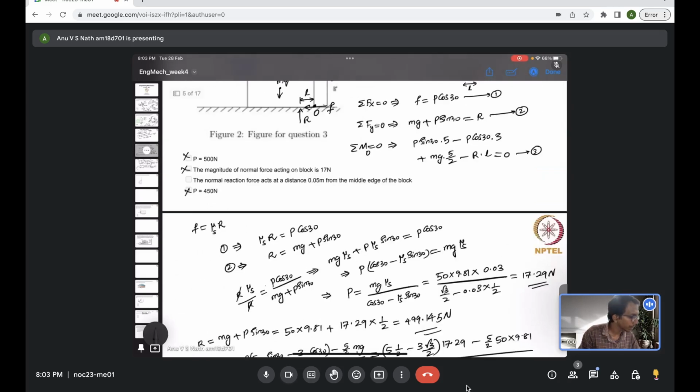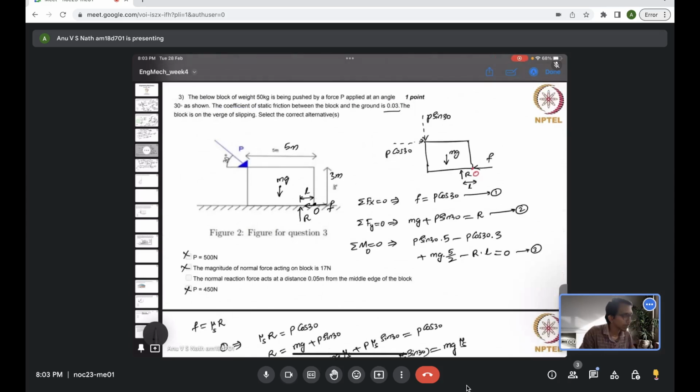Did I make any mistake? So in the moment equation, P sin 30 is acting at a distance 5 meter, counterclockwise. P cos 30 is acting at 3 meter, clockwise. R is acting at a distance L, which creates a moment R times L, which is also clockwise.